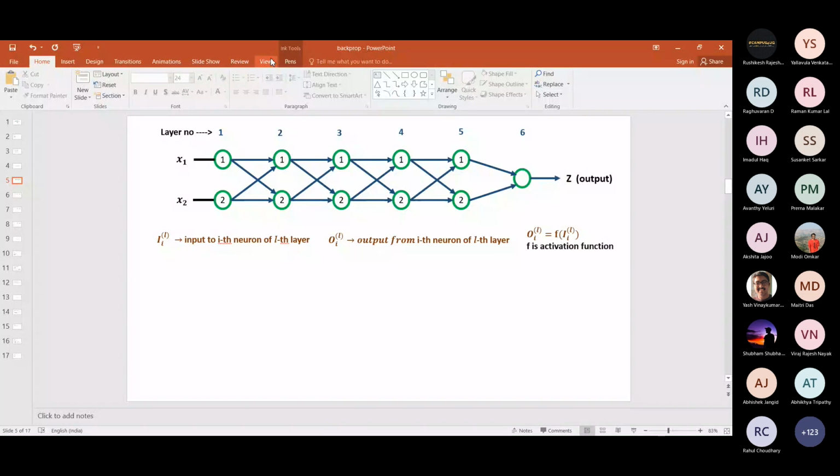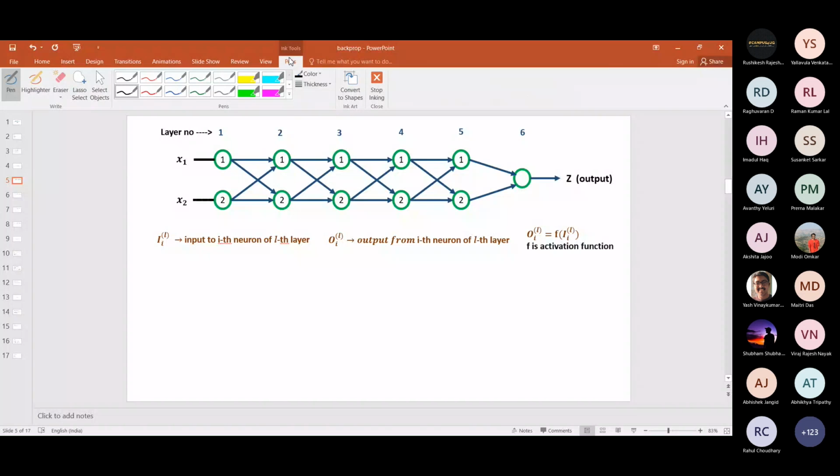So the notation capital I_L_i means the input to the ith neuron of the lth layer. For instance, if you look at this particular neuron, this is basically I21, because this is layer number 2 and node number 1.